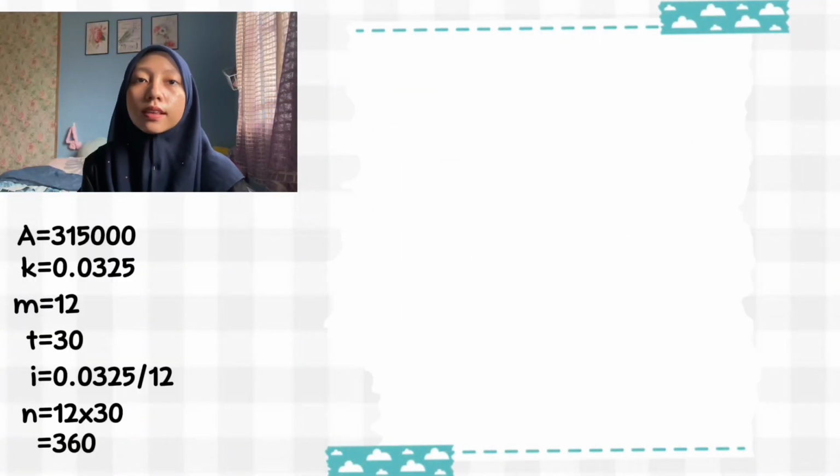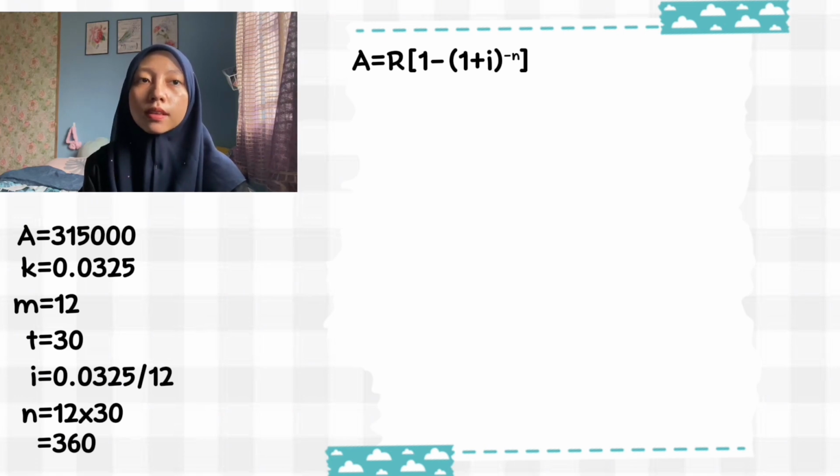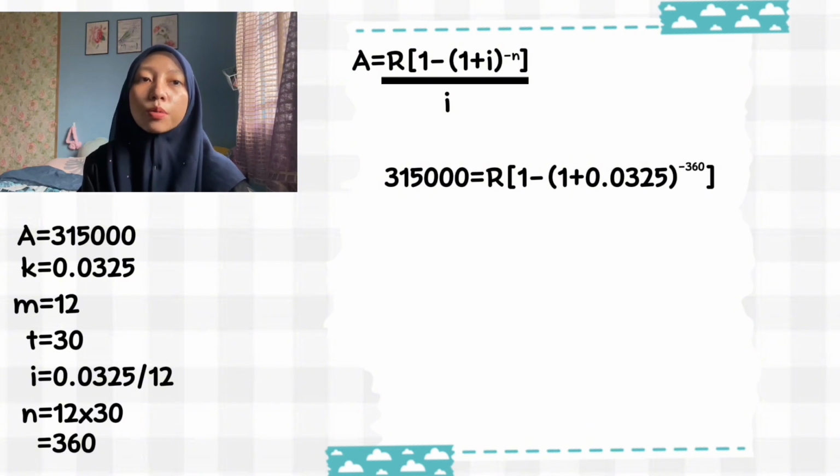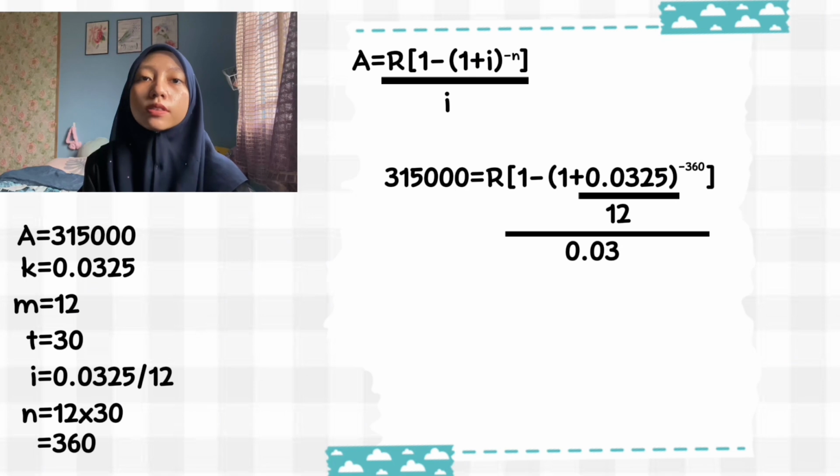The formula is A equals R, open bracket 1 minus open bracket 1 plus I, close bracket to the power of minus N, close bracket divided by I. So 350,000 equals R, open bracket 1 minus open bracket 1 plus 0.0325 over 12, close bracket to the power of minus 360, divided by 0.0325 over 12.